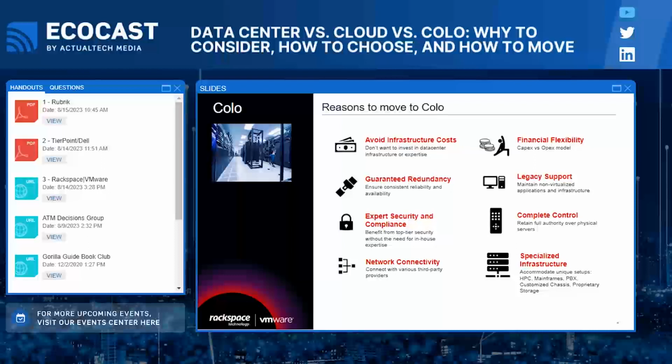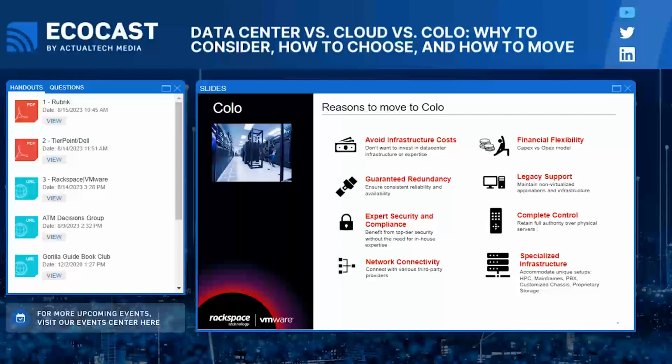So every customer has reasons why that could be beneficial. The OpEx model could be good for customers that are just starting up. They don't have a lot of money to invest up front. So there are different reasons why a customer will either do CapEx or OpEx in comparison to a private cloud, a Colo and a public cloud, right? So that's one reason there.